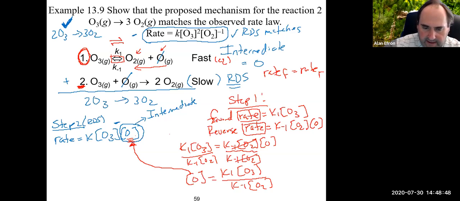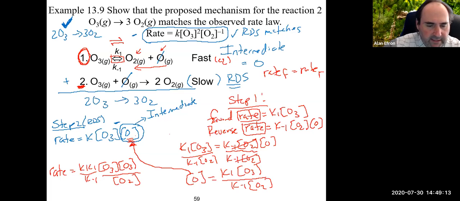So if we do that by substituting that in, what we're going to get is a rate law where the rate is equal to K times K1 divided by K to the minus 1 times O3. And now substituting in our other guys, O3 divided by O2.